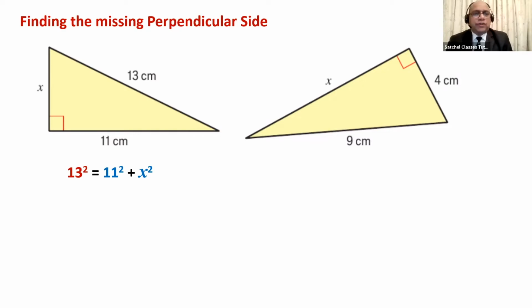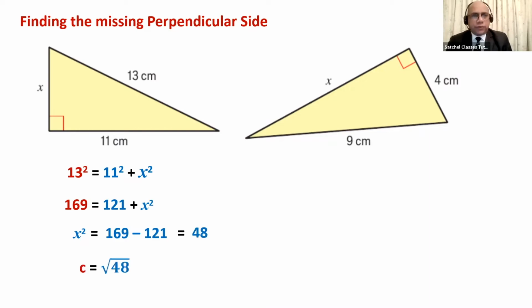So 13 squared should be equal to 11 squared plus x squared. 13 squared is 169, 11 squared is 121. So x squared will be 169 minus 121, which is 48, or x will be equal to the square root of 48, which is 6.93 centimeters rounded to two decimal places.